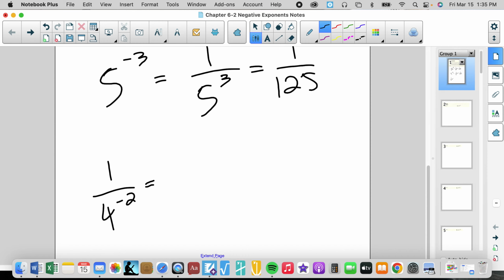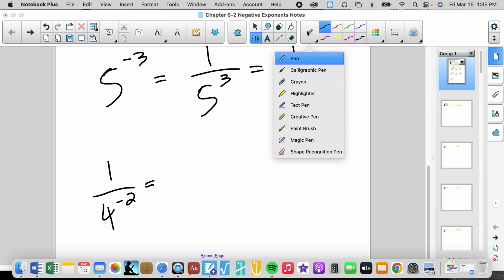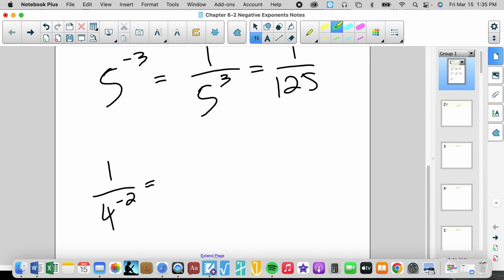So if I'm going to change the sign of this exponent from negative to positive, I have to change the location. It's going to go to the numerator and become a positive exponent. And we get 16. So that's a nice little trick one that students aren't aware of.